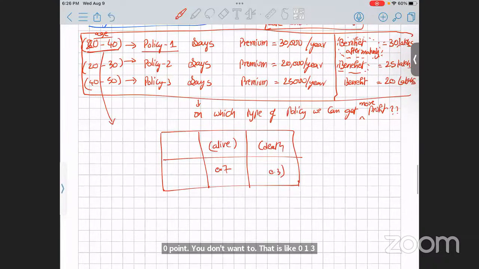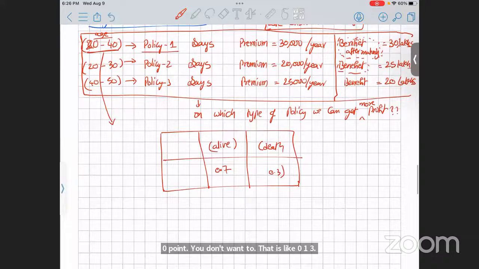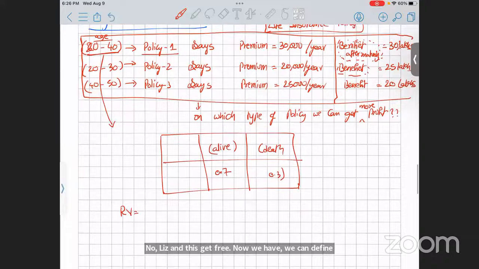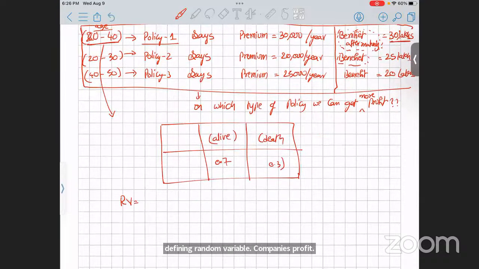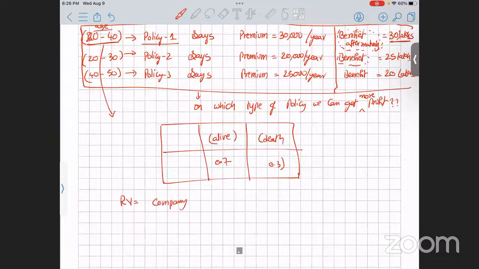Now listen this carefully. Now we can define a random variable: company's profit. Look, the company loses 30 lakhs if he dies.